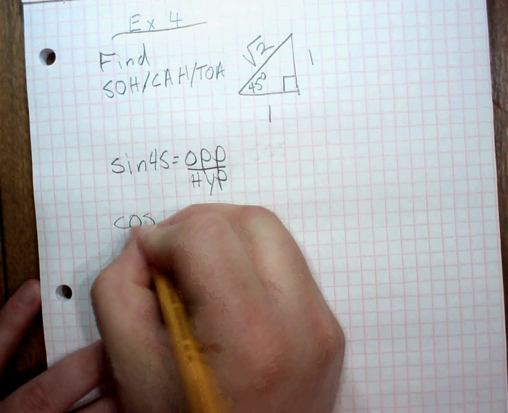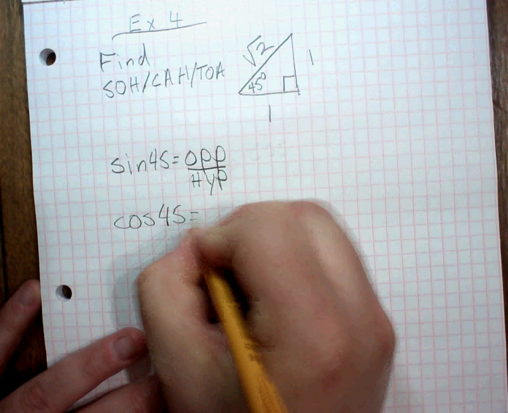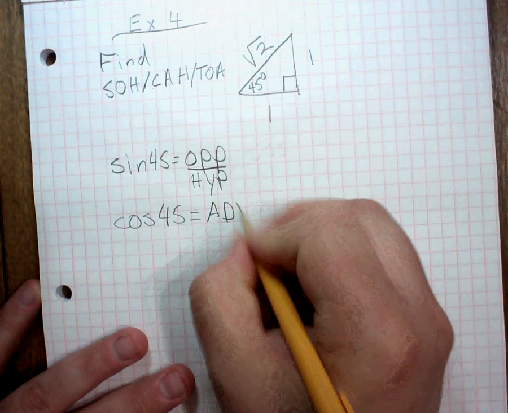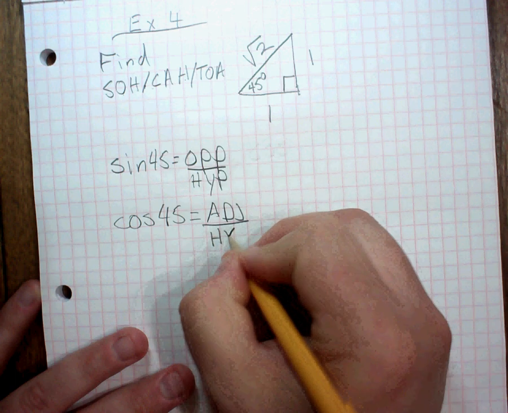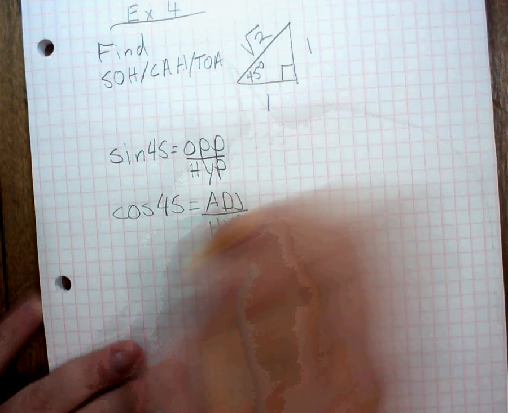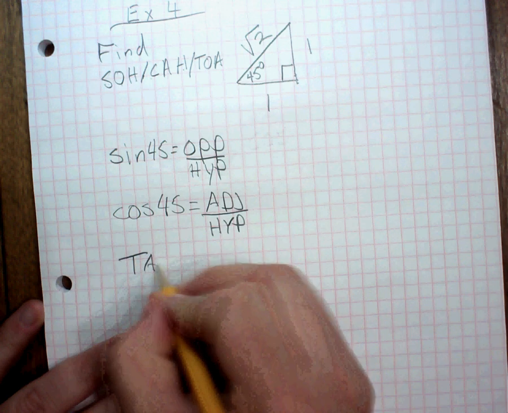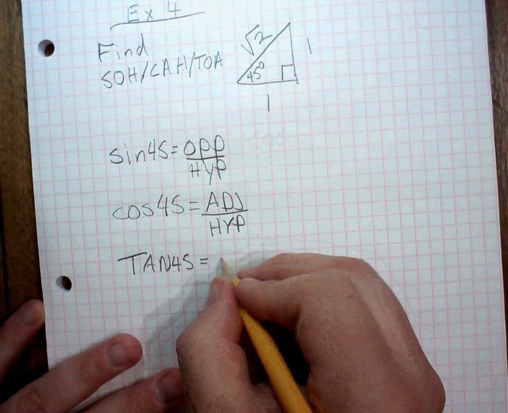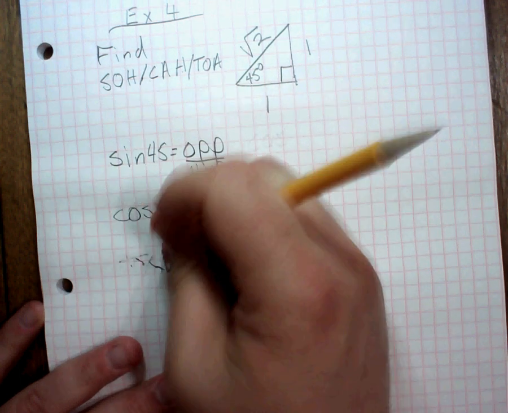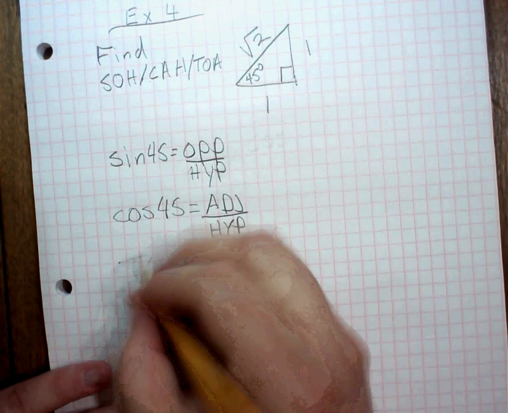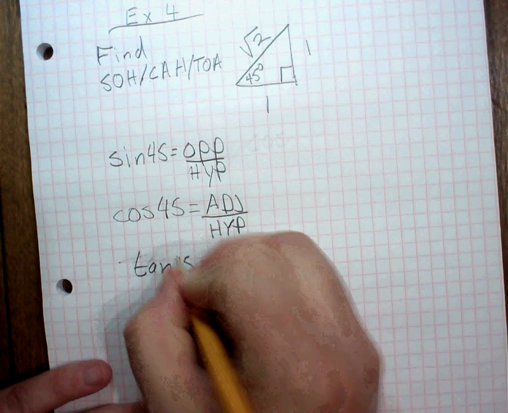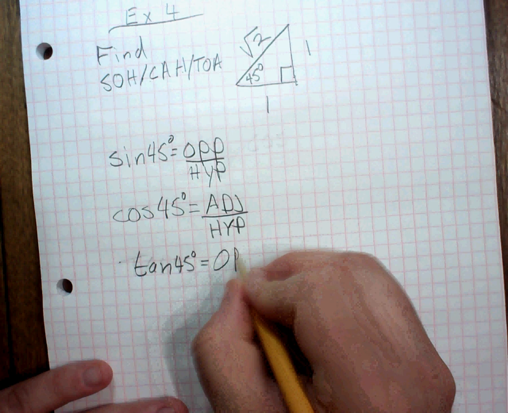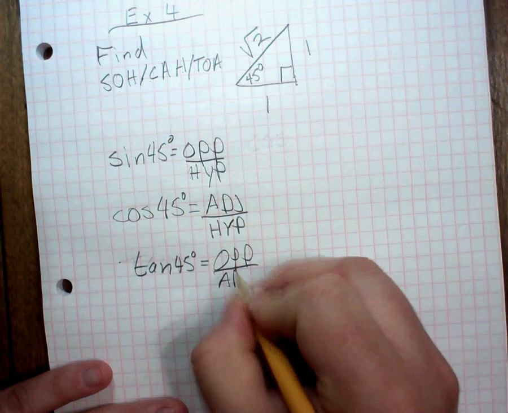Cosine of 45 is equal to the adjacent over the hypotenuse. And then tangent of 45 degrees is equal to the opposite over the adjacent.